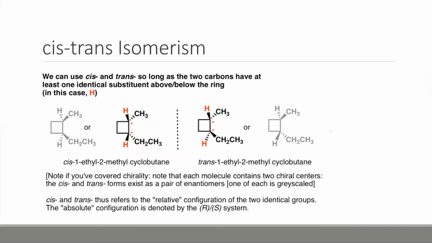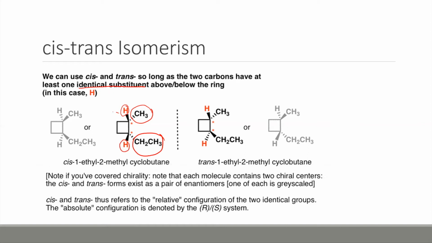The rules for cis and trans: we can use these words as long as two carbons have at least one identical substituent. This is key. One identical substituent above or below the ring. So in our example here with this cyclobutane, it has a methyl group and an ethyl group attached to it. These are different from each other, but it also has a hydrogen on each of these points.